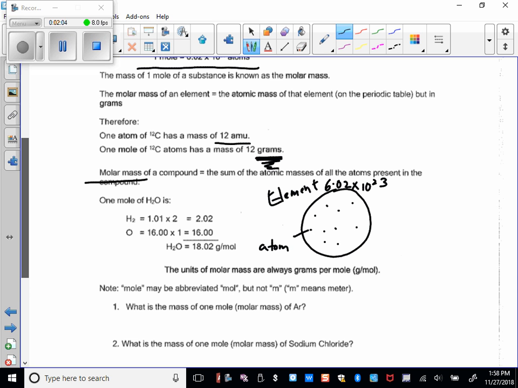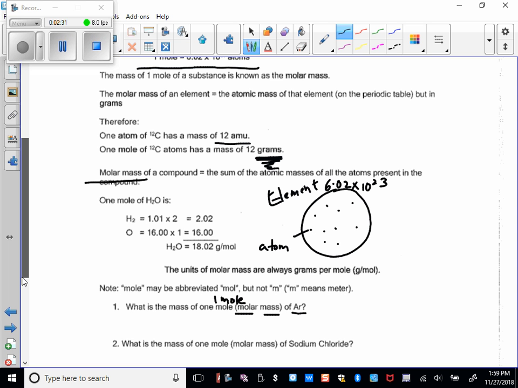If you take so many atoms of that element, then the mass will get converted from AMU to grams. All right? Why is it called molar mass? Because it's the mass of 1 mole of atoms. Does that make sense? It's called the molar mass.